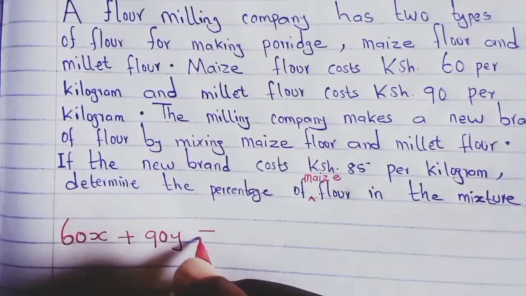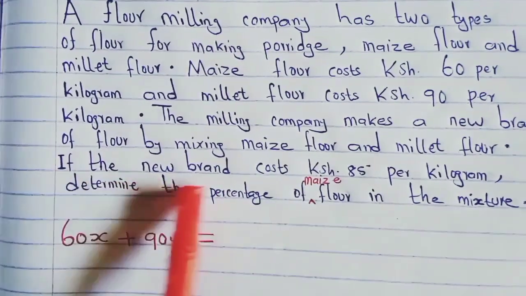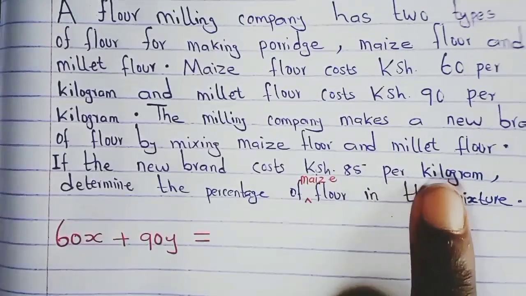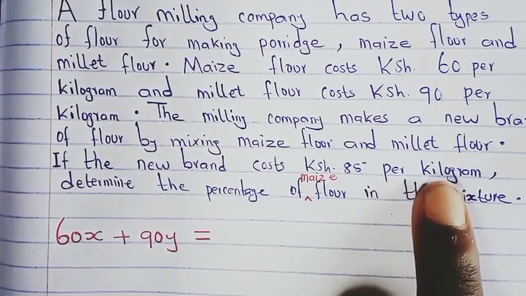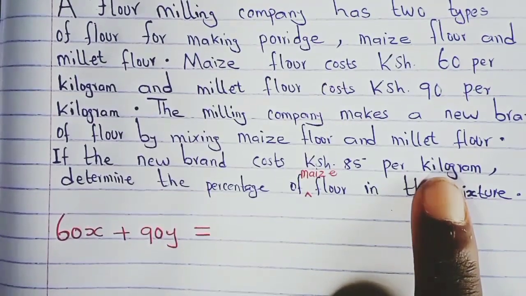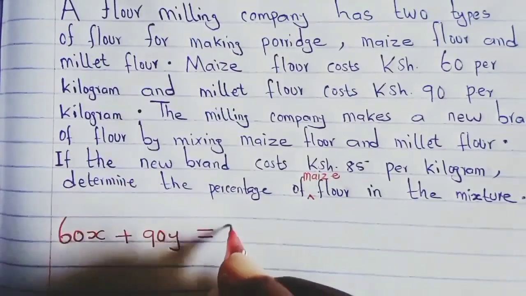Now this will be equal to the new brand. We're told the new brand costs 85, and this new brand is a mixture of maize flour and millet flour, but we don't know how many kilograms of maize and how many kilograms of millet there were. So we'll say this is equal to 85.